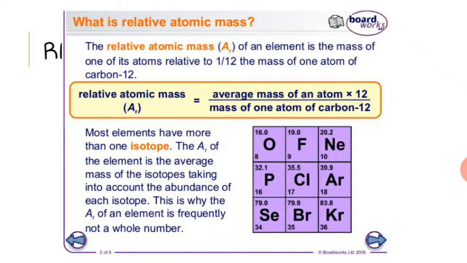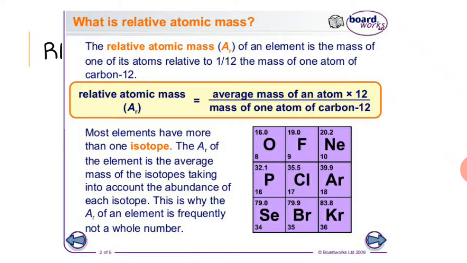Okay, what is atomic mass? Atomic mass is basically neutrons plus protons. So the neutrons and protons in carbon atoms are 12. So its atomic mass is 12. So whenever we have to relate any atomic mass, we have to relate it with 1/12 of the carbon atom.